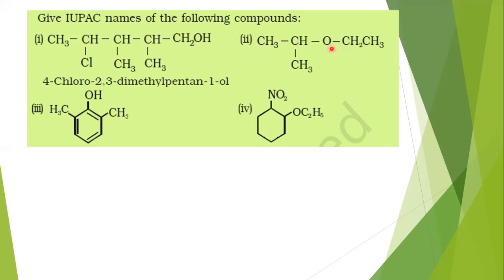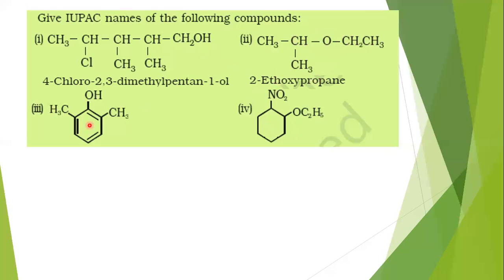This is an ethyl group and this is an isopropyl group. Just recall, the larger alkyl group is considered the parent alkane and the smaller one the alkoxy group. What is the name? 2-ethoxypropane, because this is the second carbon. At the second carbon, this ethoxy group is bonded. So 2-ethoxypropane.